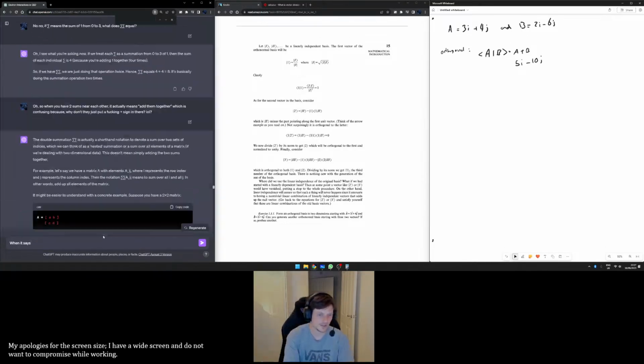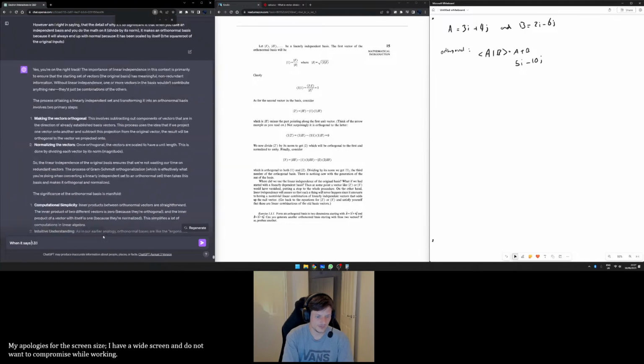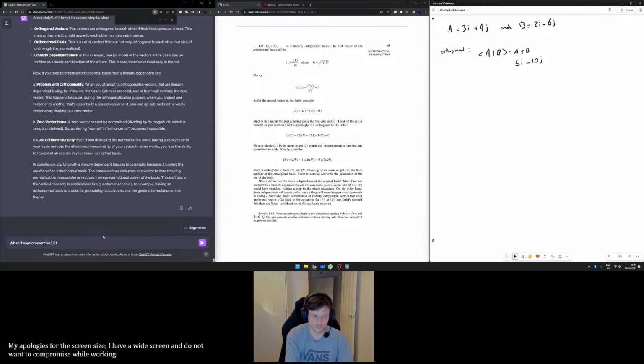Form an orthogonal basis in two dimensions starting with, so they are vectors. I totally forgot they're vectors. Bear with me. This is the problem with not putting these on, right? Don't be James. Let's do this again.